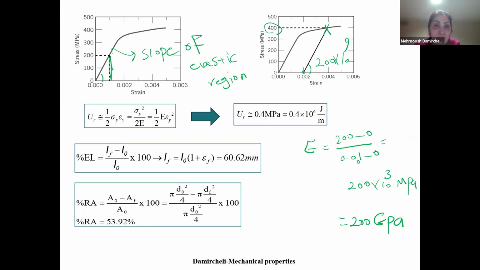At this point, the stress is 400 megapascals. And if I change the color, this is the yield point, sigma y, and epsilon y is 0.0037, for example.